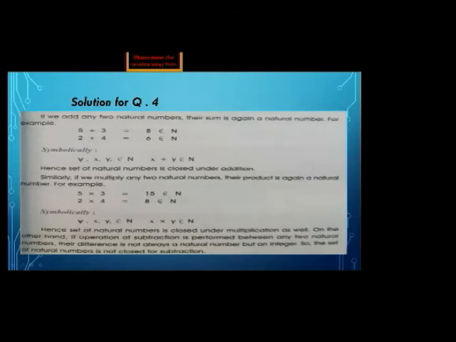Now if we change the operation and take subtraction, we observe that the answer is not necessarily a natural number. After the difference of two numbers, the result may be a natural number or an integer. So we say the set of natural numbers is not closed for subtraction.